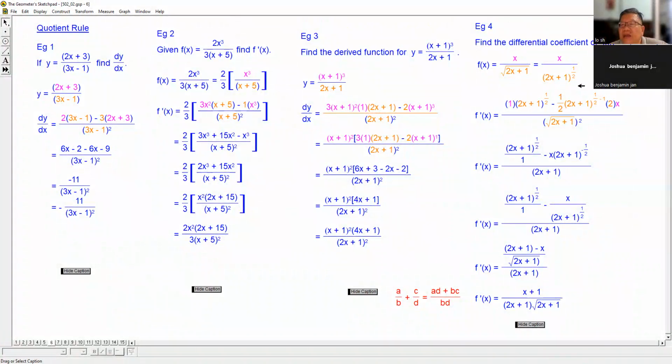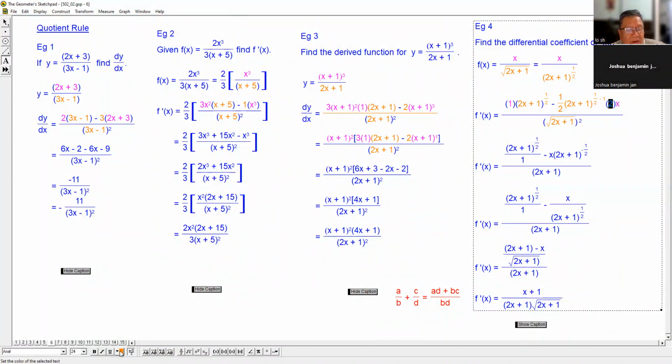Then I differentiate the bottom, minus, you bring down half, then the half minus 1. Then you have to differentiate inside the bracket, that is this one, 2. This one should be orange color, right? You differentiate the orange one.